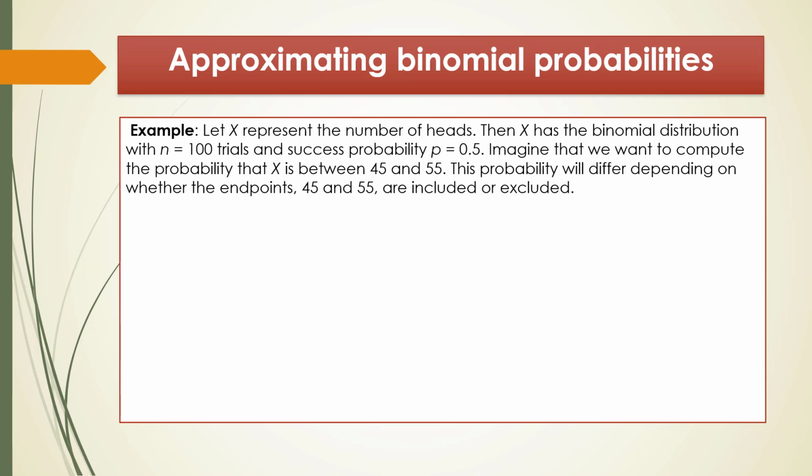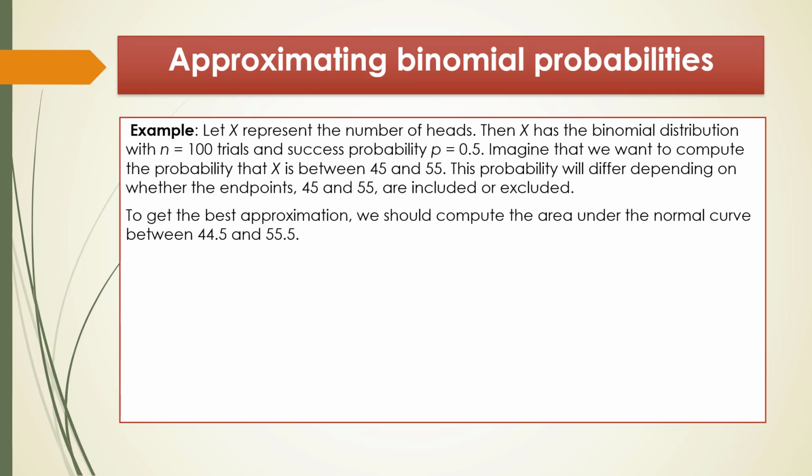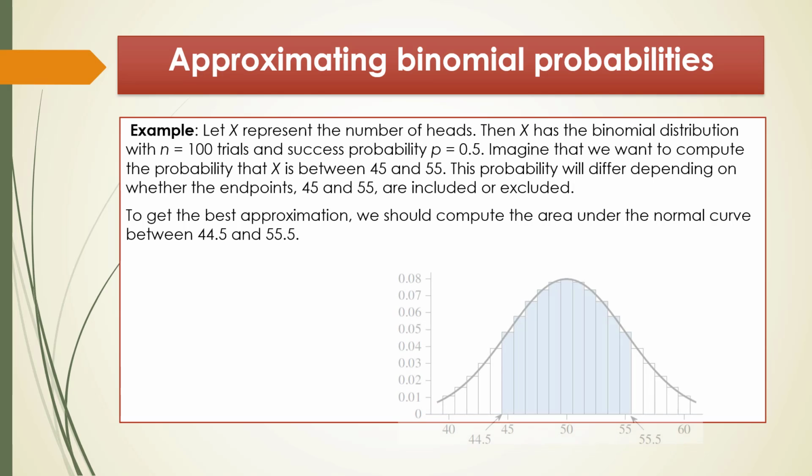This probability will differ depending on whether the endpoints 45 and 55 are included or excluded. And to get the best approximation, we should compute the area under the normal curve between 44.5 and 55.5.